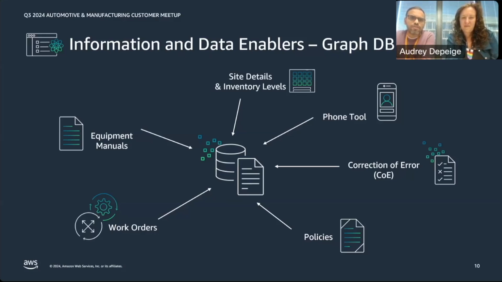To give you an example of the kind of data sources we have, we start with the site details and inventory level information, which contains information about the various fulfillment centers and other facilities that Amazon has, and the corresponding spare parts and other inventory level information contained for those sites.